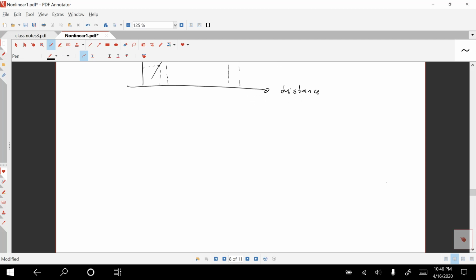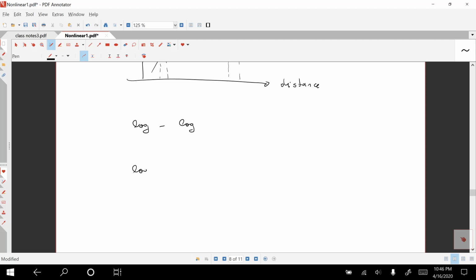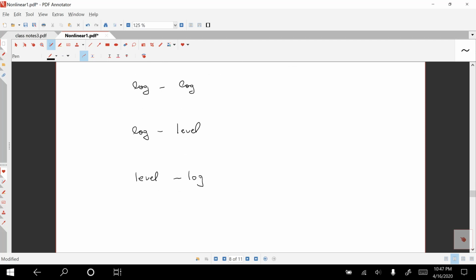Just to summarize interpretations, something for you to have in mind when you are trying to interpret. I'm also going to write the log-log model, the log-level model, and for reference, I'm going to write the level model.